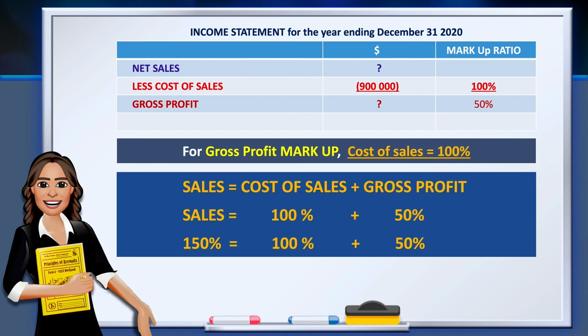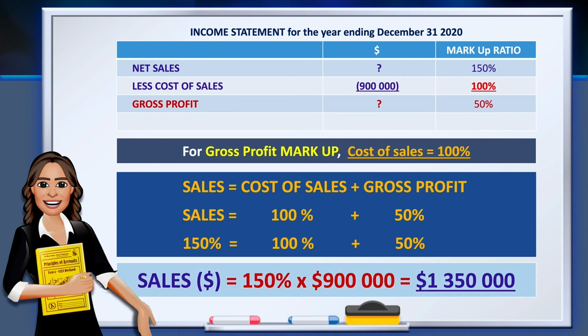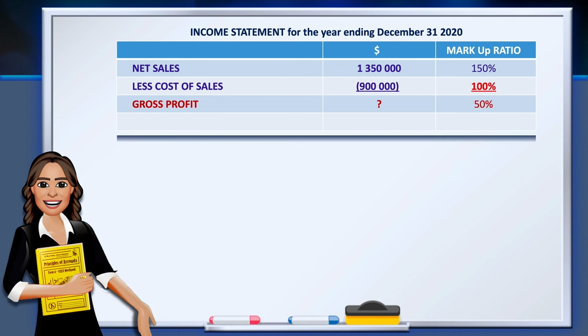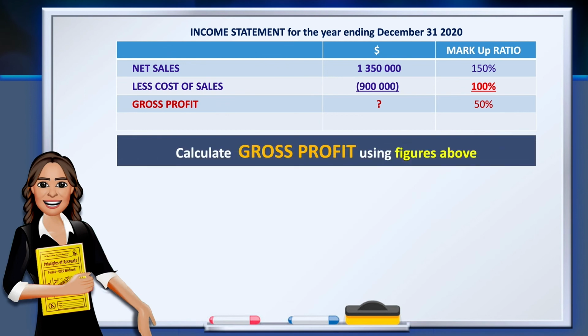Knowing that, we can now work out our sales figure in dollar amounts by basically using the formula 150% by 900,000, which would give you $1,350,000.